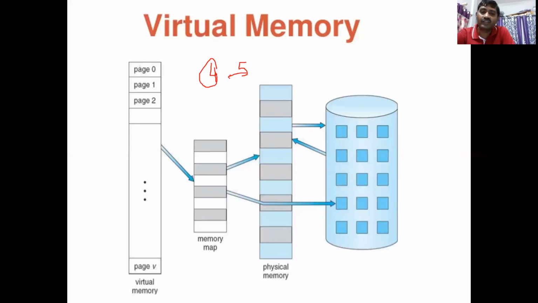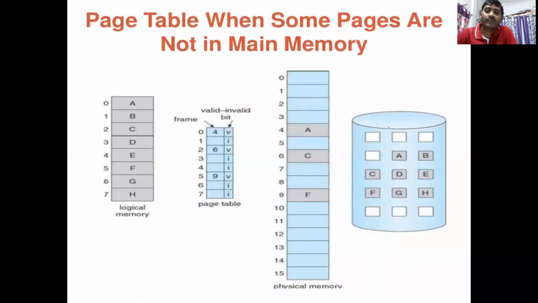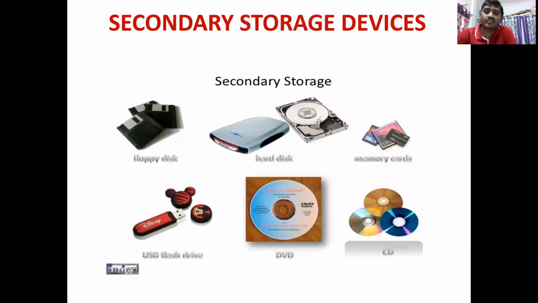Which one has to be replaced? We will look into the page replacement algorithms after this class. After this we are going to discuss that, with a problem, considering how the page replacement algorithms work. Okay, so this is the illustration.